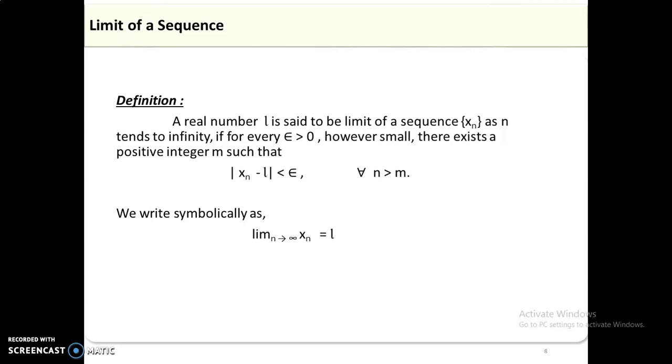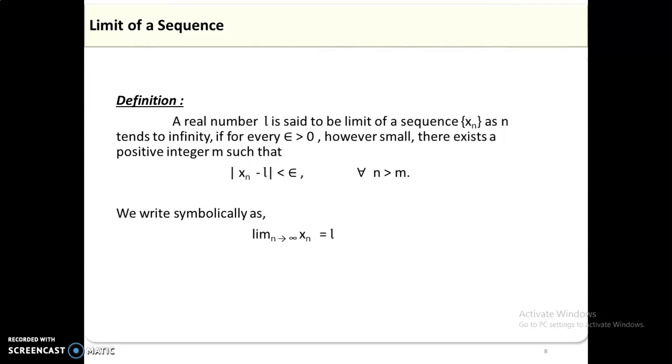A real number L is said to be a limit of a sequence xn as n approaches infinity if for every positive epsilon, however small, there exists a positive integer m such that the magnitude of the nth term of the sequence xn minus that real number L is very close to zero. It means the distance between the nth term of the sequence and the real number L is small for any n greater than m.